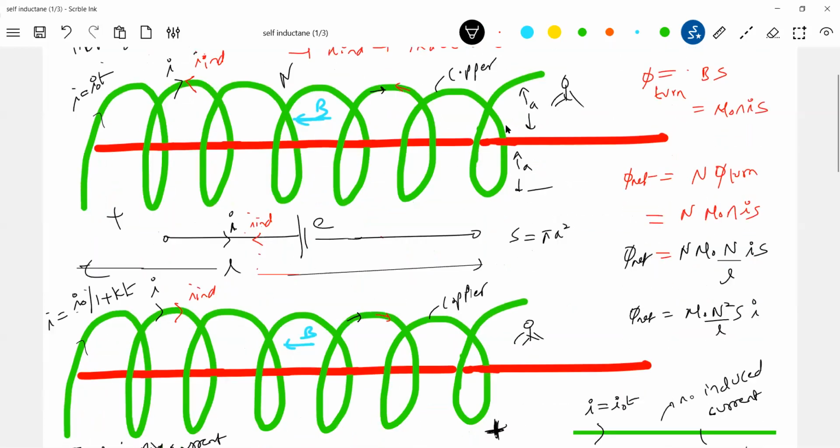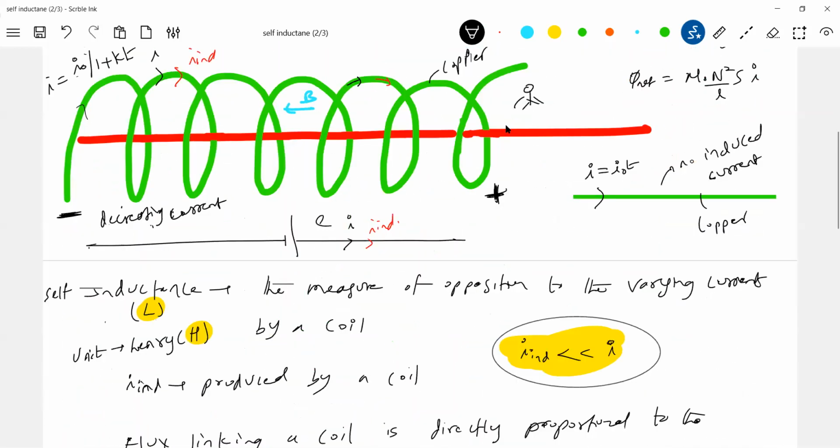Inductor means it should flash for you. Different shaped coils will come; we don't call them an inductor. A coiled structure of this shape is called an inductor. I'm making things clear. The moment inductor comes, the spring, the diagram of a spring should flash for you.